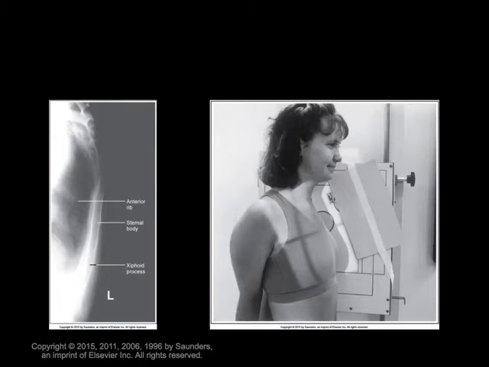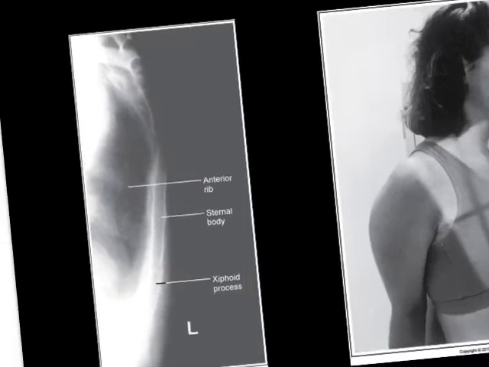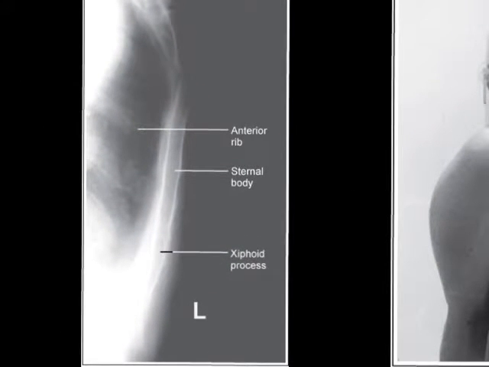Okay, and so again, looking at this image and just describing what we're seeing, we see the sternum from top to bottom and a marker, and some anterior ribs, sternal body, xiphoid process. So this is a lateral sternum, left lateral sternum.